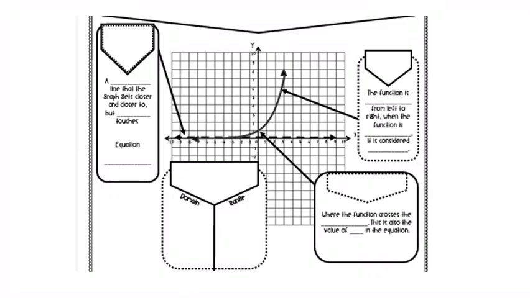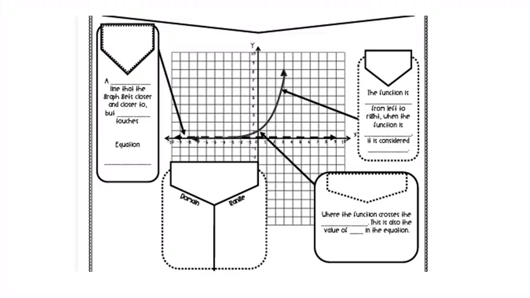This dotted line represents an asymptote. It's a boundary. The graph can get closer and closer to it, but never touches that line.